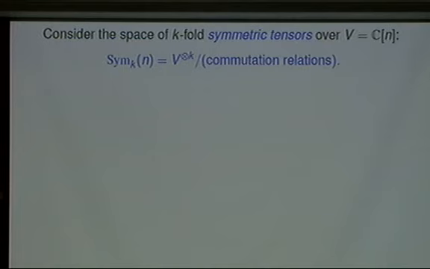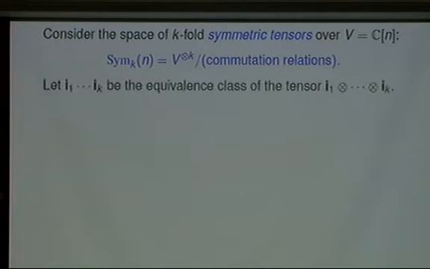So what do the elements of this look like? Well, I'm going to use i sub 1 up through i sub k, that sequence, to denote the equivalence class of the tensor i1 tensor through tensor ik, when we've done this modding out. So here's what Sym^2 of 3 looks like.